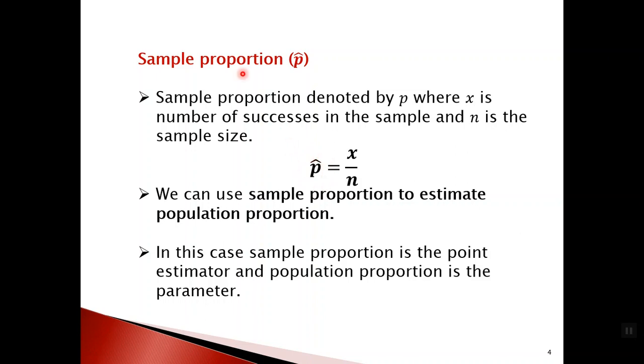We overcome that problem by considering the sample proportion. Instead of the population proportion, we take the sample proportion, which we denote by p hat. In this sample proportion, same as I denoted last time, it depends on x and n.